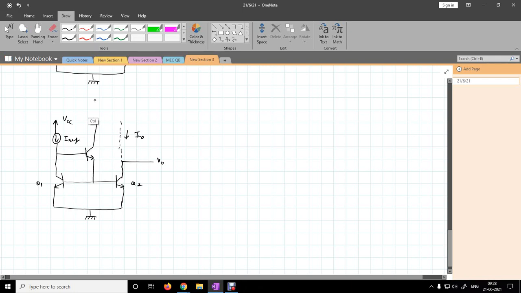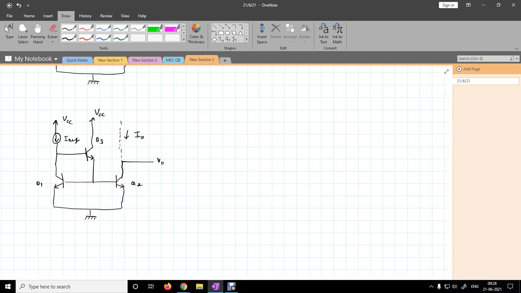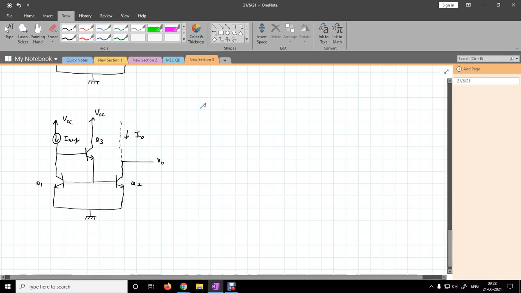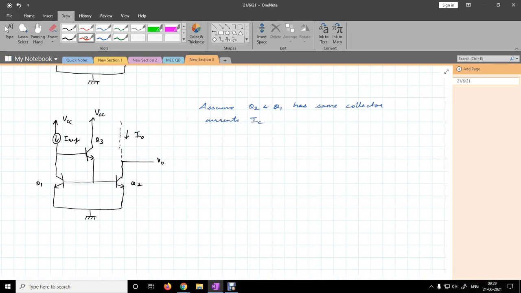This one goes to VCC. Right, so this I will call it as Q3. Okay, now the assumption you have to make here is, assume Q2 and Q1 have the same collector currents IC. Okay, so now you pay attention.